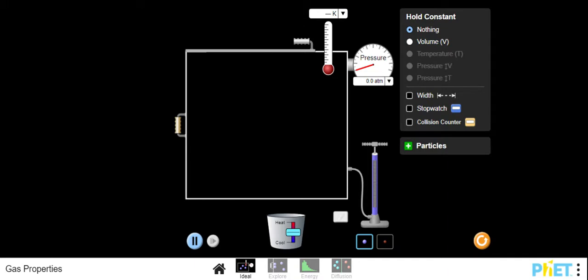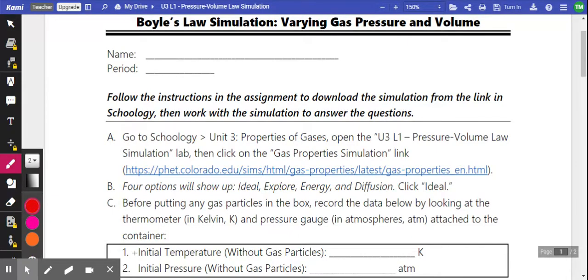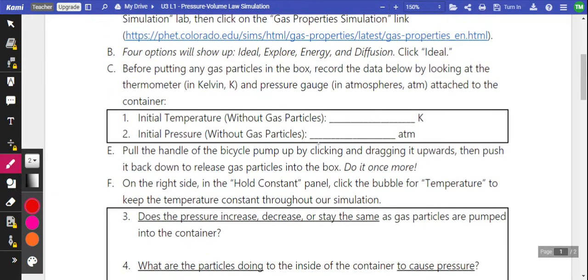So right now our temperature is reading as, well, it's not even really a zero. It's a dash of Kelvin. And then our pressure is 0.0 atmospheres. So on our lab, one of our first questions or two is about that initial temperature without gas particles.